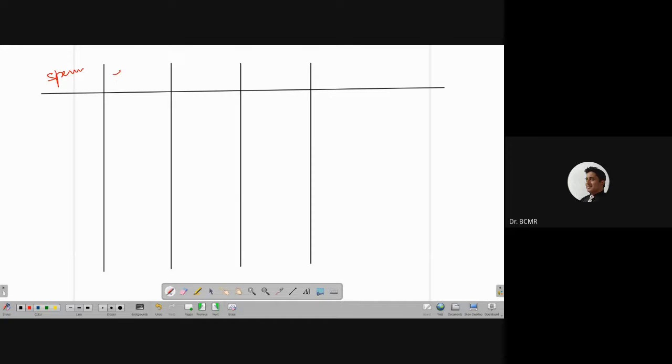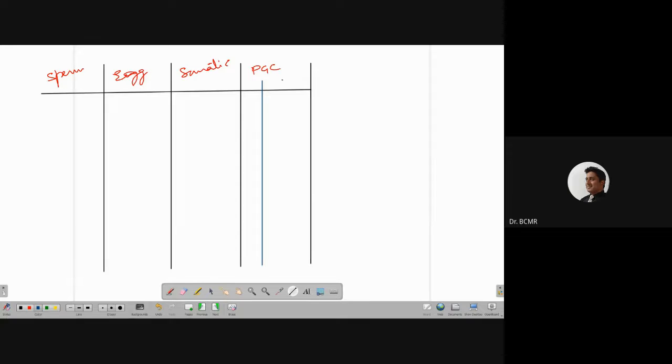Sperm, egg, somatic cells, and then primordial germ cells. Okay, for ease, let's try solving it. There is also one more thing I would want you to remember. We also have one more aspect to write here.